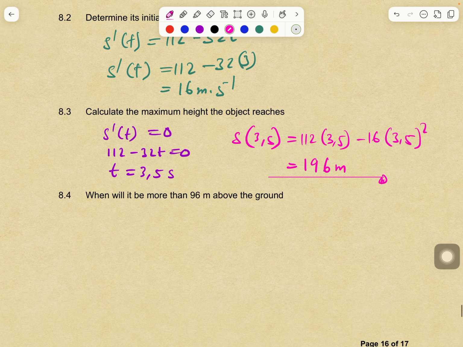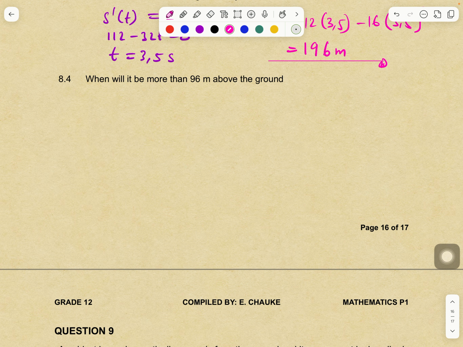Okay. So now, the next question: when will it be more than 96 meters above the ground? So remember, you have s(t), that is 112t minus 16t squared. When will this be more than?